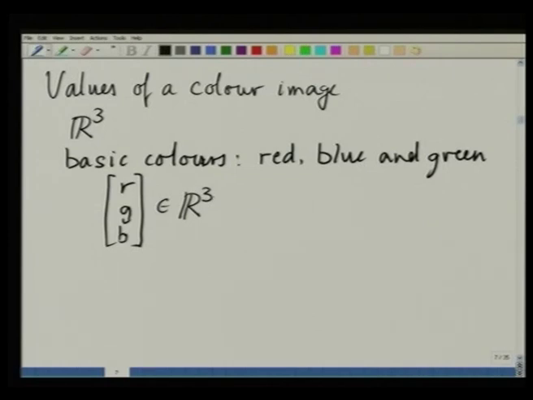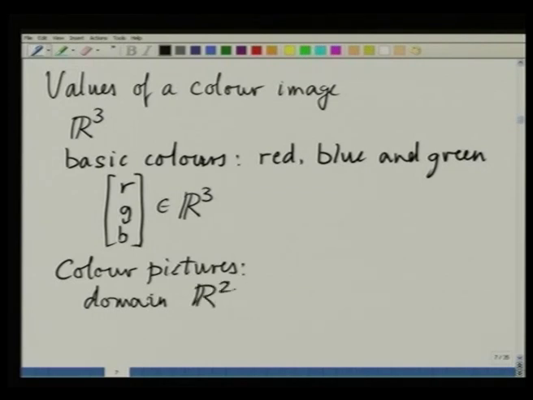Thus, in the case of representing color pictures as signals, we find that the domain is 2-dimensional, it is R2 and the range is R3.